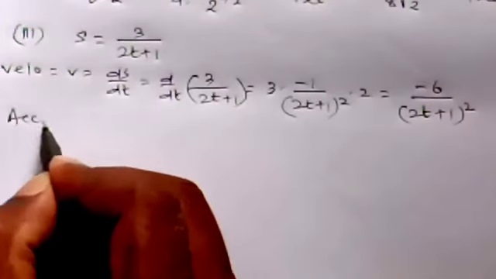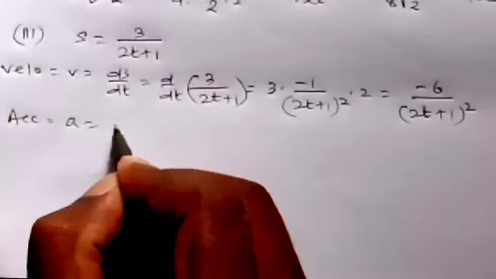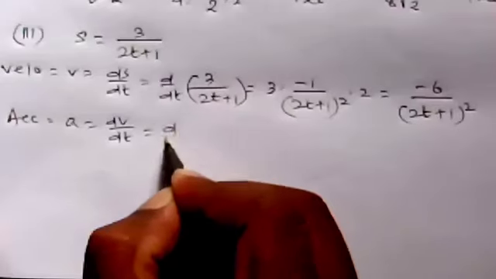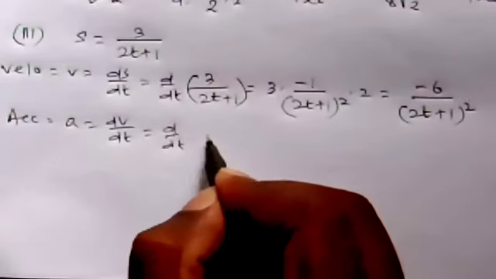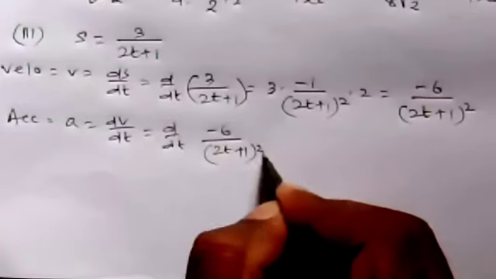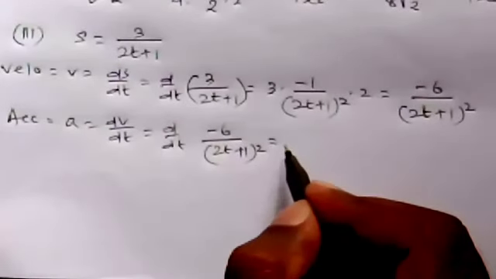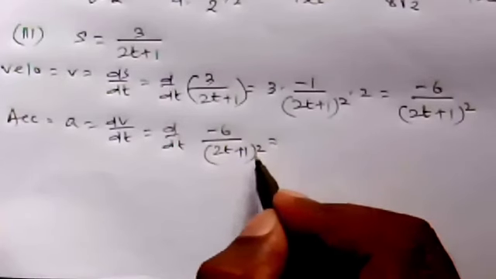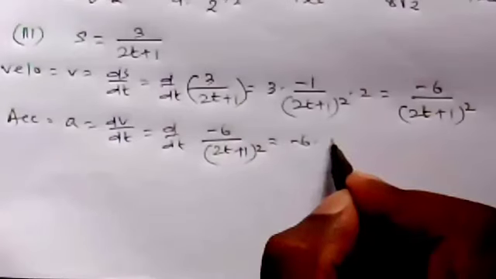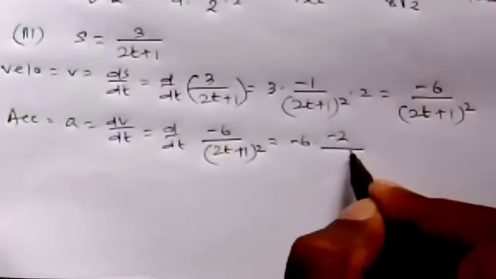Next is the acceleration A, which is the derivative of velocity, and this is equal to d/dt of the velocity -6/(2t+1)². After differentiating, as you know, this is -6 into the derivative of 1/x², which is -2/x³.